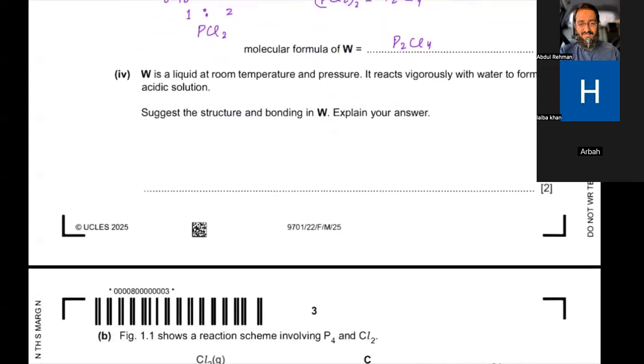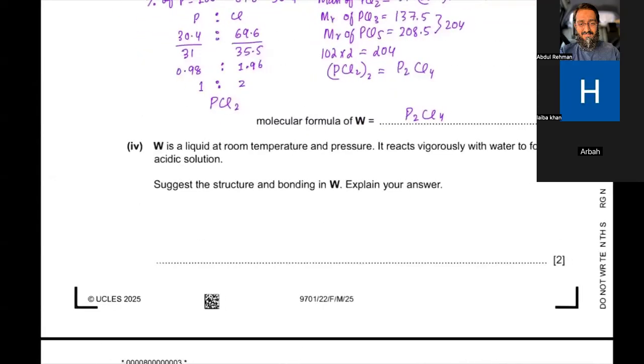Now, part 4. W is a liquid at room temperature and pressure. It reacts vigorously with water to form an acidic solution. Deduce the structure and bonding in W. Explain your answer. So the structure, it's a liquid, right?